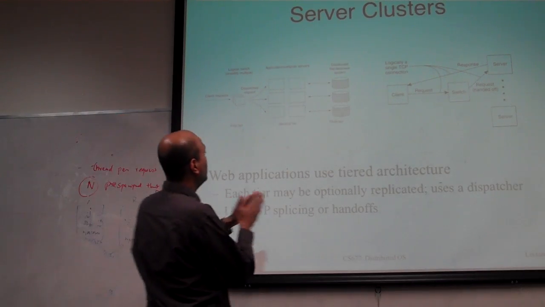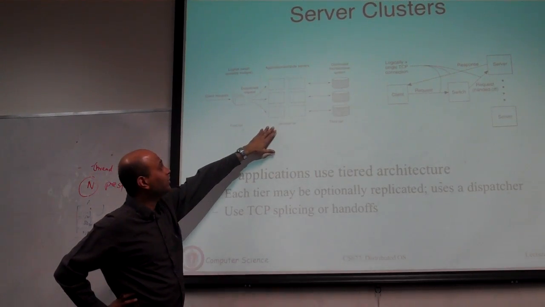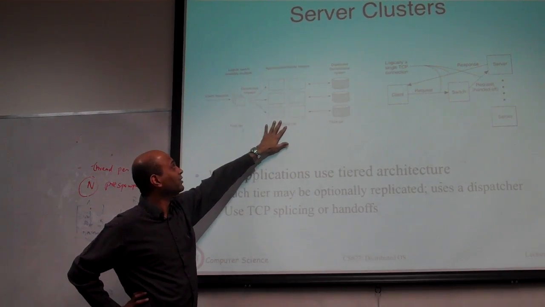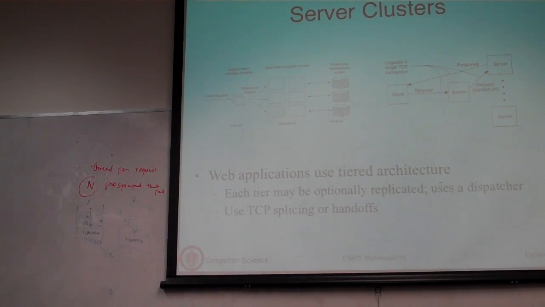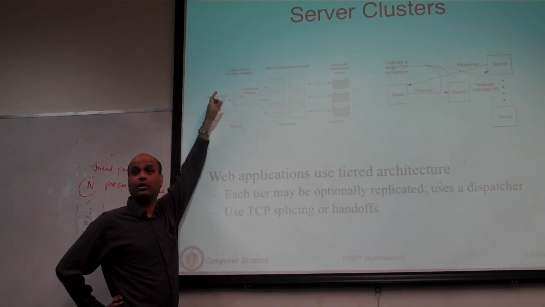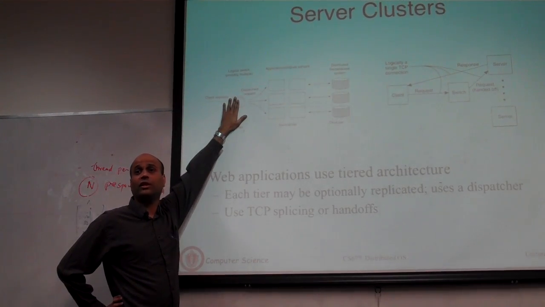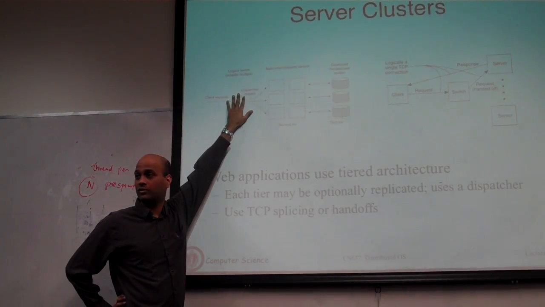As is shown here, your database is replicated on 3 different servers, you have your Java tier replicated on 6 machines, and so on. So when the request comes in, there has to be a dispatcher or a scheduler which says which of these machines should handle that request.